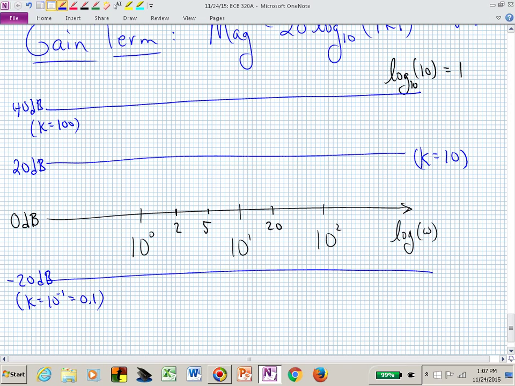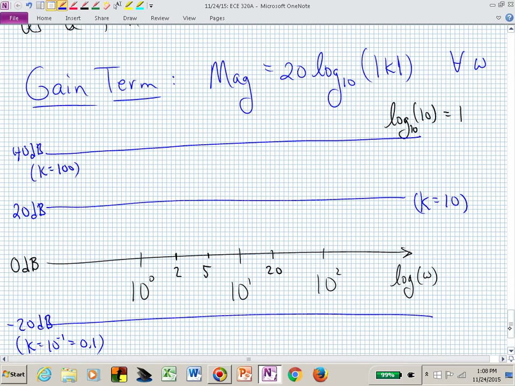I'm giving you nice divisions of the gain K, or magnitudes for K, but if K was 5, then what would it be? If you told me log of 5 was 0.7, then I have 20 times 0.7, or 14. I would be somewhere between 0 and 20 at 14 dB. And that's how you would sketch the gain term in this Bode plot.